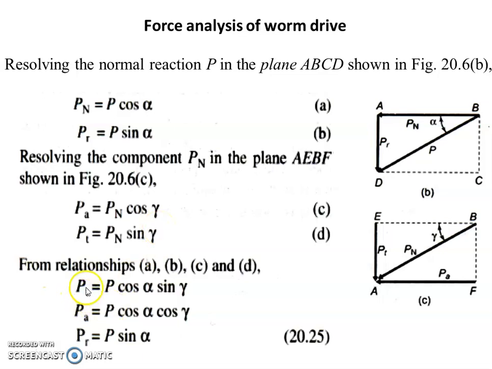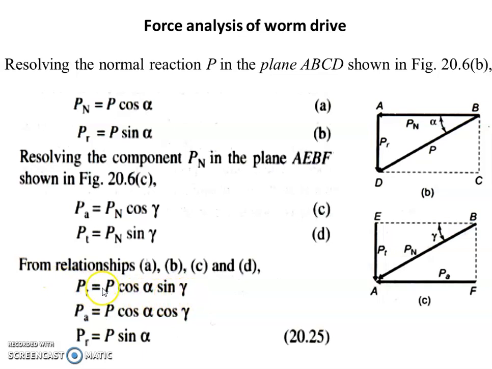Now here, if we consider D, inside that D we are considering PT is equal to Pn sin gamma. But Pn is P cos alpha. So if we substitute P cos alpha here in place of Pn, then the tangential component of force PT becomes equal to P cos alpha sin gamma. Is it okay?